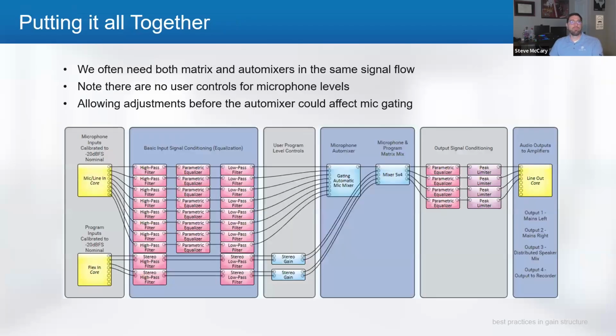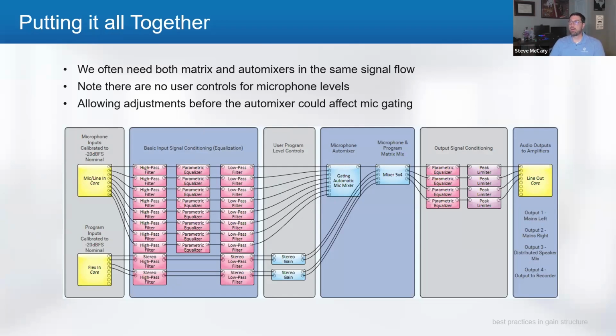Okay, so let us look at what we have talked about so far. There are plenty of times, and this is absolutely considered best practice, to have both matrix and auto mixers in the same signal flow. We do this a lot with our sample designs, where we've got a whole bunch of microphones, we process them, we run all of those into a mic mixer, and then we run everything else into a matrix mixer.